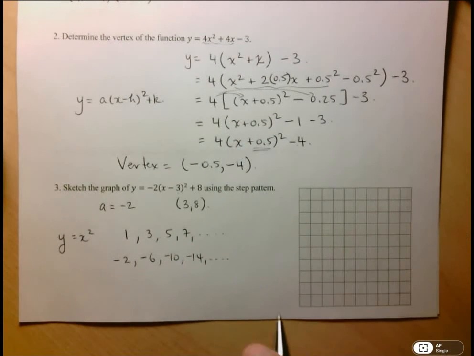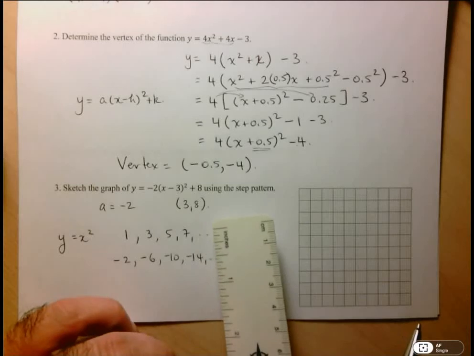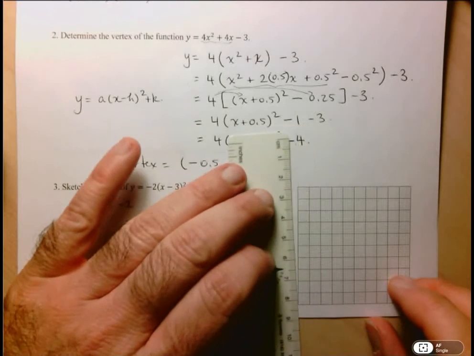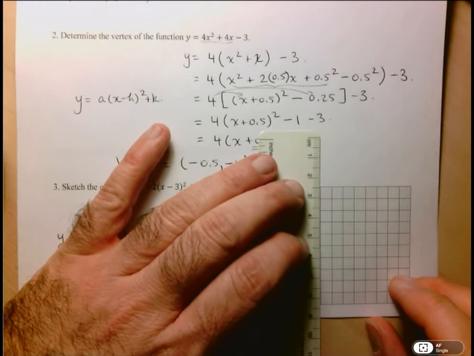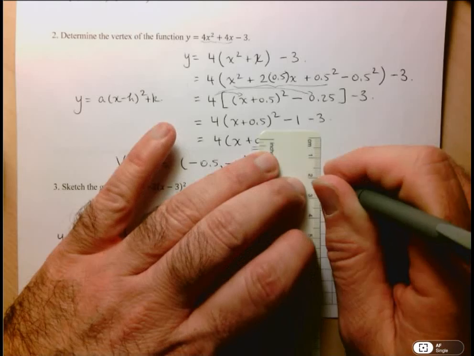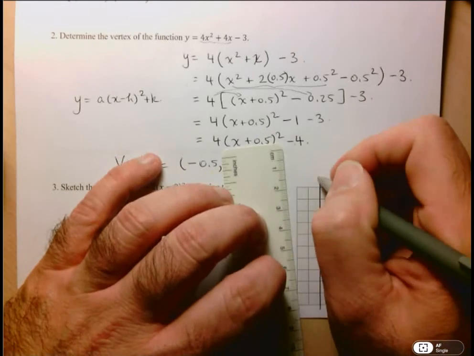Okay, so now let's sketch this graph. Here we're starting at (3, 8). Now to give myself some room, I think what I'll do is on my y-axis, I'll go up by 2 units.